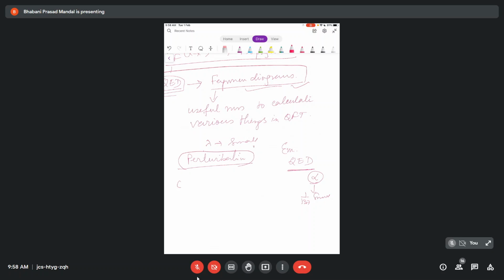For example, quantum chromodynamics, particle physics students will learn this. This is the theory of strong interaction. It describes the behavior of quarks and gluons, and they interact through the strong interaction. Their coupling is strong, not small, and the perturbative method fails here.